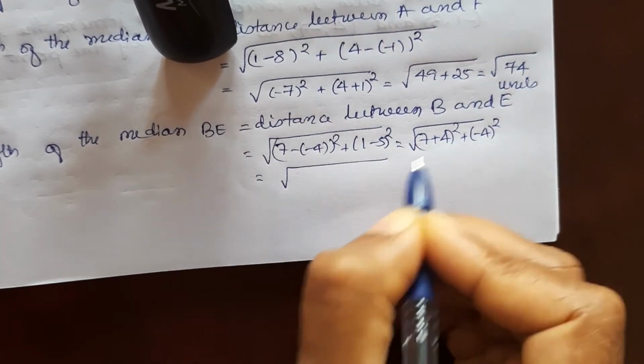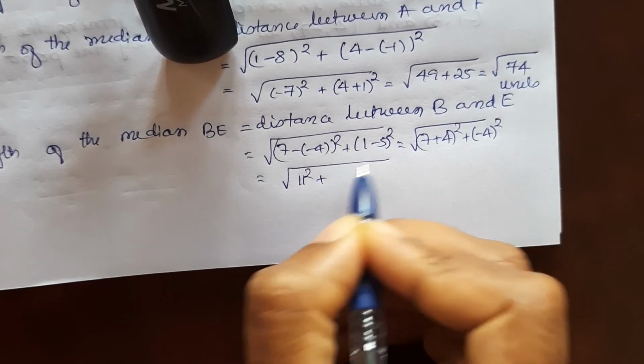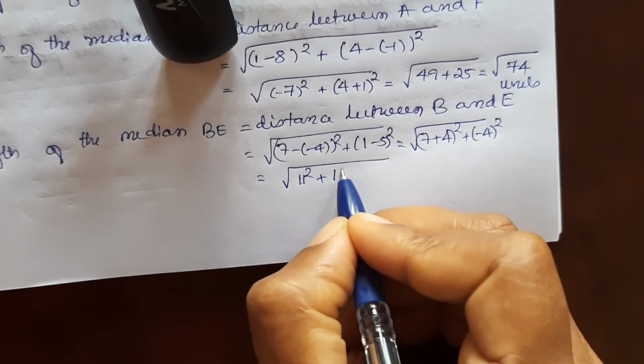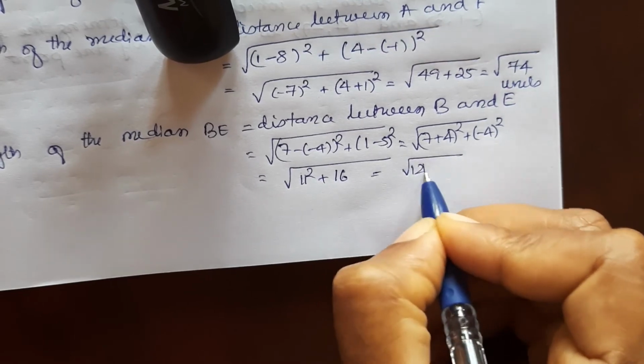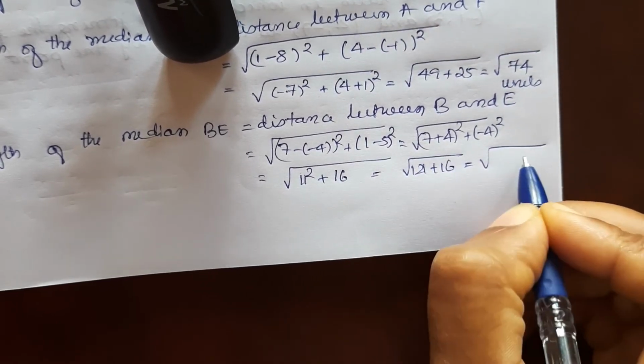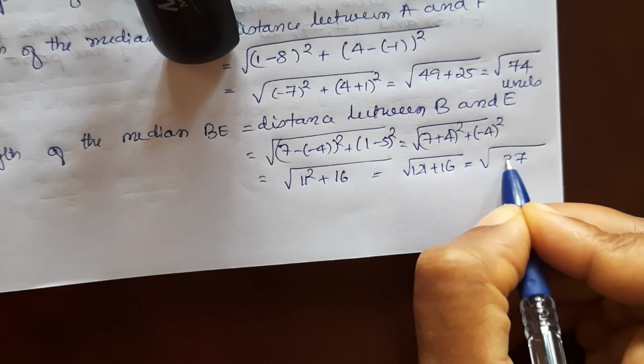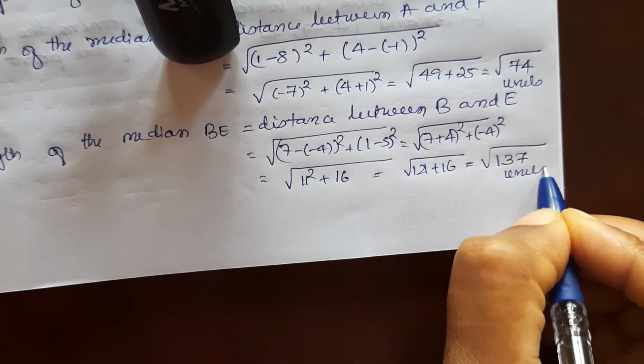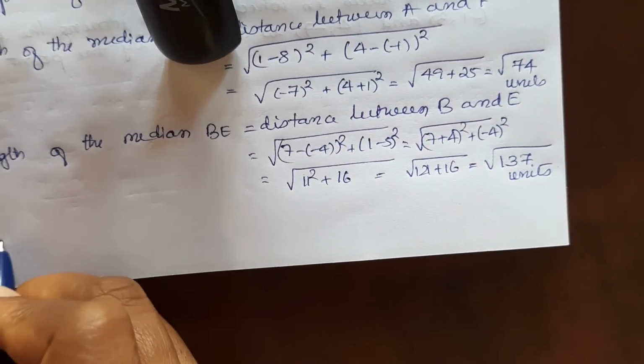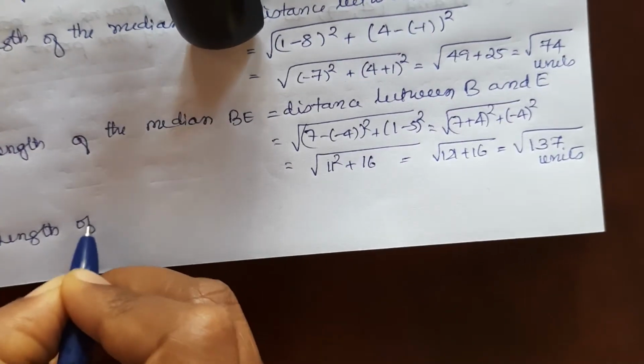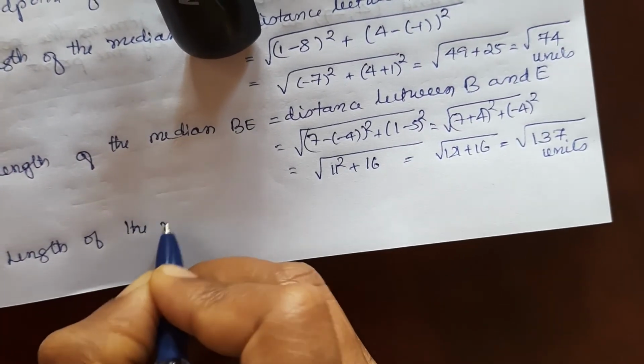This is 7 plus 4 is 11, square; plus 4 square is 16. Root of 121 plus 16, that is root 137 units.